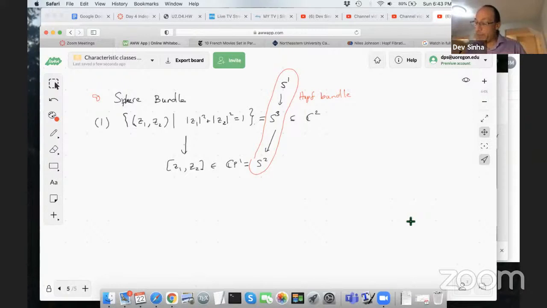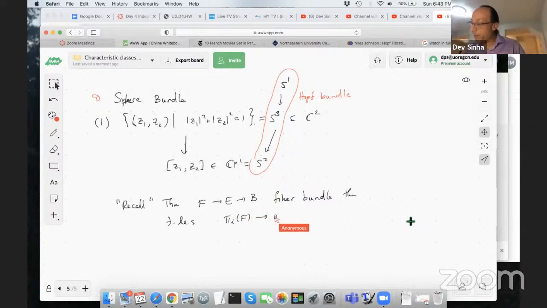So here's a basic fact. If you have a fiber bundle, then there's a long exact sequence taking these two natural maps plus a connecting homomorphism from pi I of the fiber to pi I of the total space under the natural map, pi I of the base under the natural map, and that there is a connecting homomorphism to pi I minus 1 of the fiber, and you keep on going.